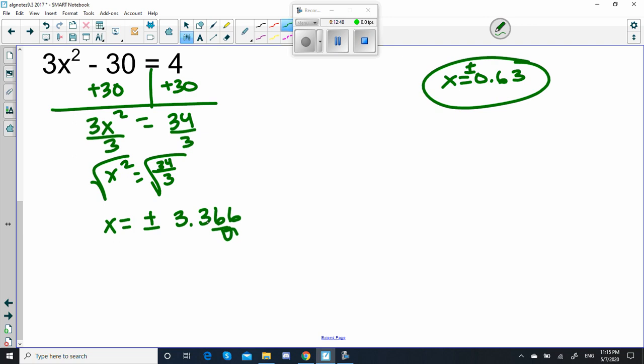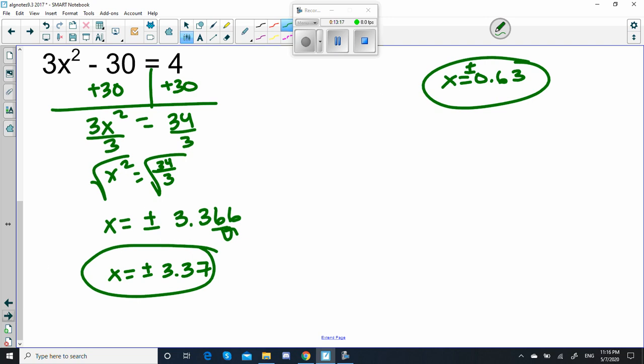It's either going to stay 3.36 or go up to 3.37. And the 6 is a strong number. Remember, 5 and higher is strong. Under 5 is weak. So this ends up being plus or minus 3.37. That's my answer. If you got it, give yourself a pat on the back. It's got every element in it. It's got the add, subtract, it's got the divide, it's got taking the square root of a fraction, not forgetting the plus minus, it's got rounding, it's got all of it in there.